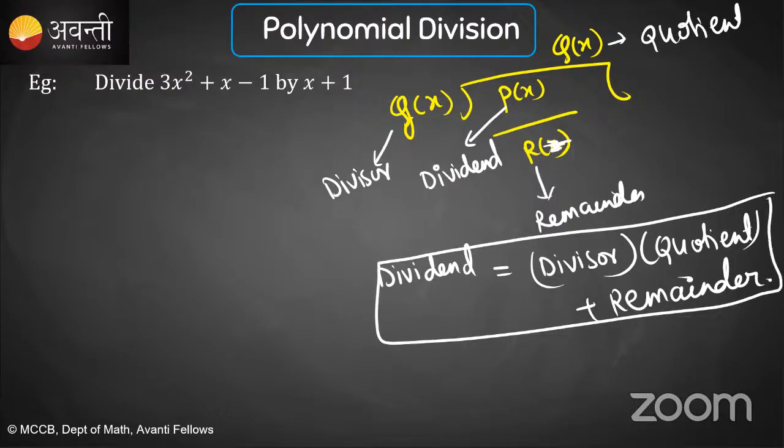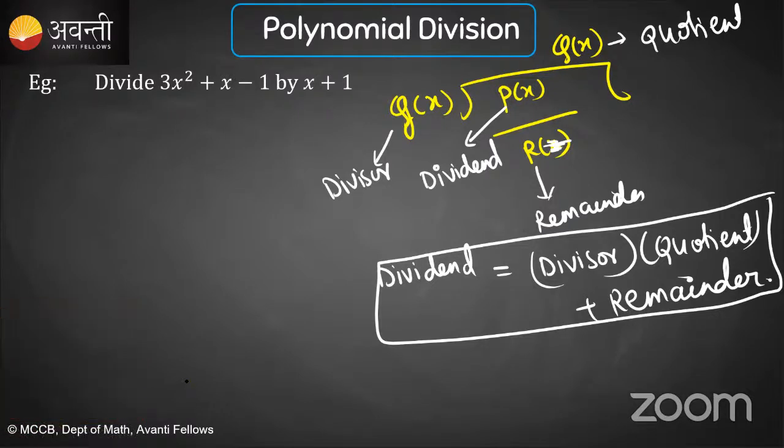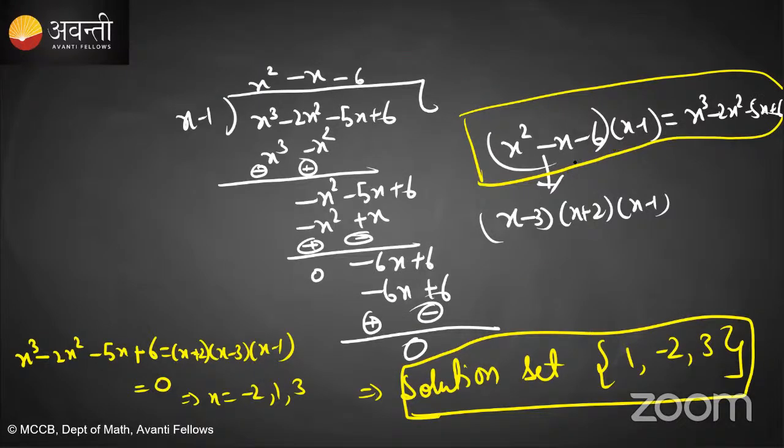So in the previous example, what was the remainder? The remainder was 0, yes or no? So that's why I wrote the dividend is equal to the divisor x minus 1 into x square minus x minus 6, right? Is it clear? So how am I able to write this?